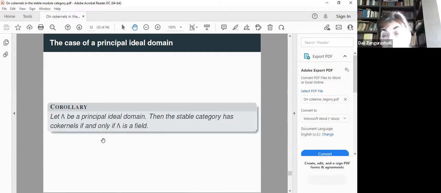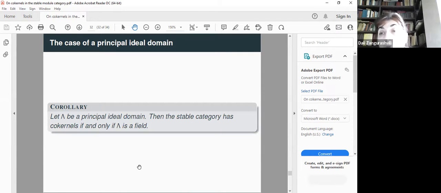So we see that in the case of such good rings, the stable category does not have all cokernels, but it definitely has some cokernels.